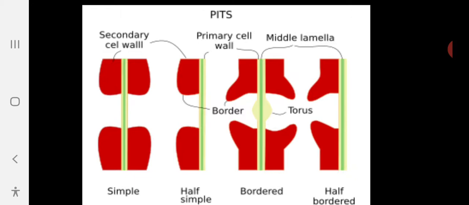The bordered pits can be closed by the torus. The torus is a middle lamella and primary cell wall structure which can close the pit aperture during water transportation.